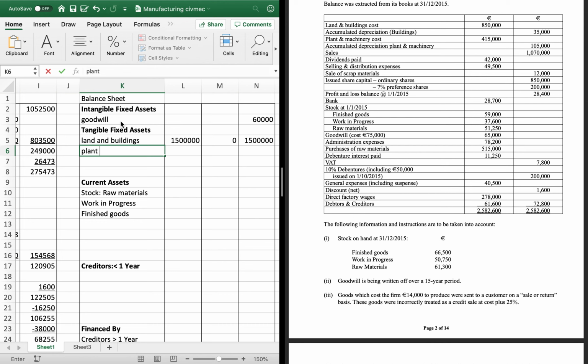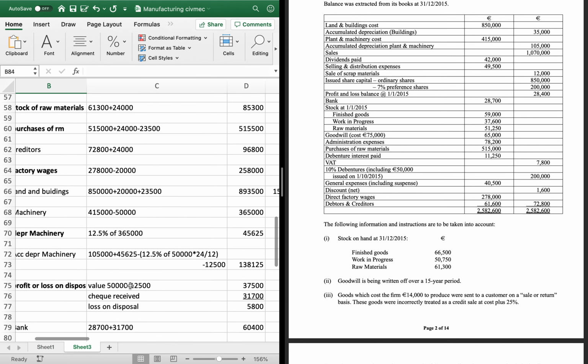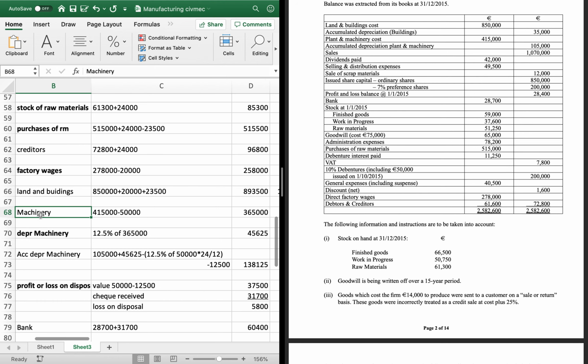And we have plant and machinery, which had a fairly big working in it. So plant and machinery went to 365,000. So we'll get that in. So 365 will go in here.